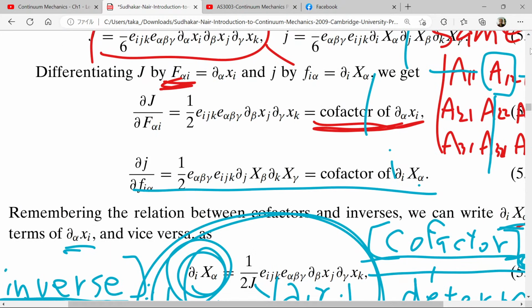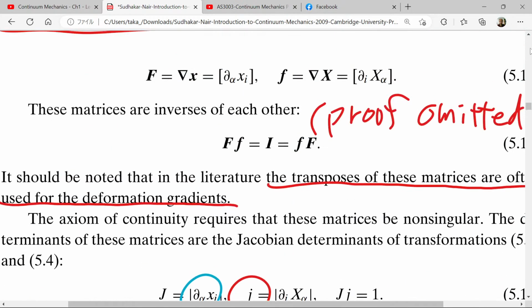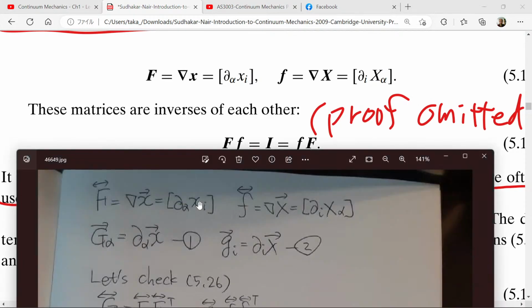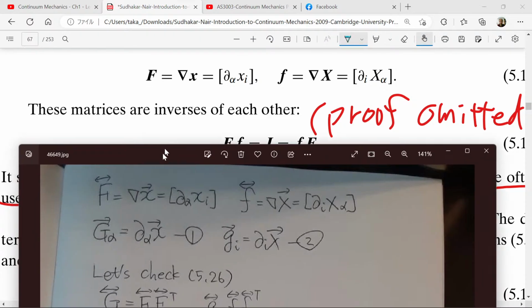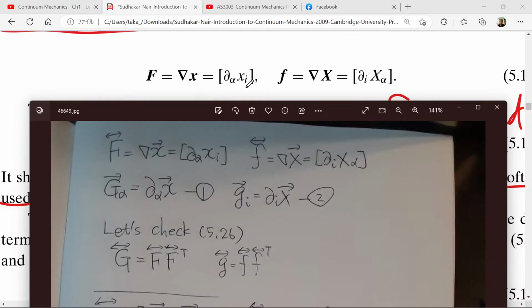That's something I want to check first. Okay, so here is the definition for F. F actually is a tensor. A tensor is like a matrix, so you have two indices, alpha and i. Alpha goes from 1 to 3, i goes from 1 to 3. So this is a 3 by 3 matrix, kind of.